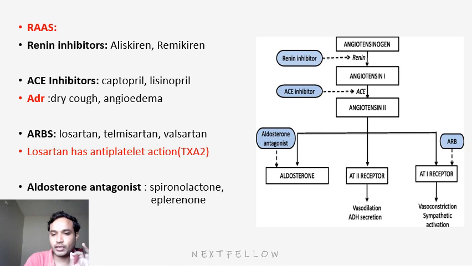Why dry cough? Because of accumulation of bradykinin in the lungs, there is a chance of developing dry cough, and angioedema also. Next, once angiotensin 1 becomes angiotensin 2, angiotensin 2 acts on two receptors, angiotensin 1 receptor and angiotensin 2 receptor, and at the same time it produces aldosterone also.